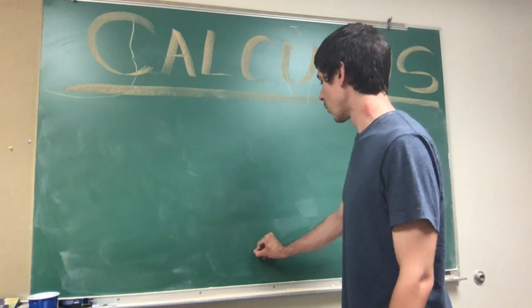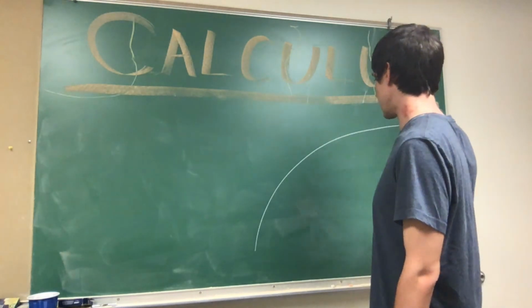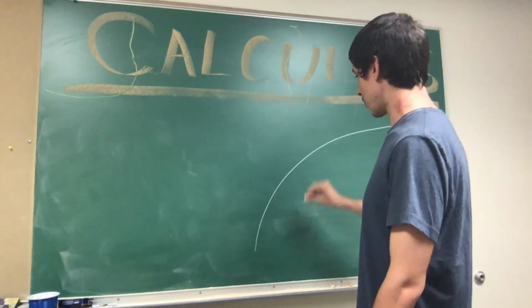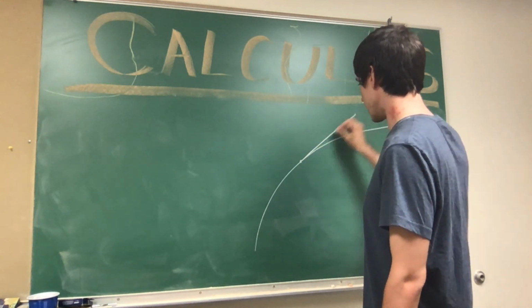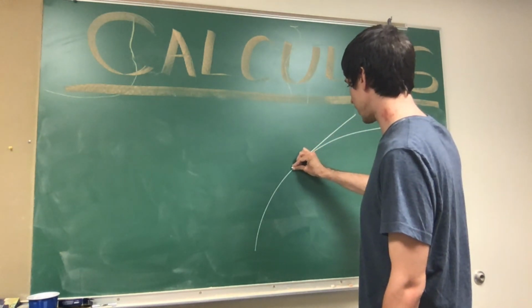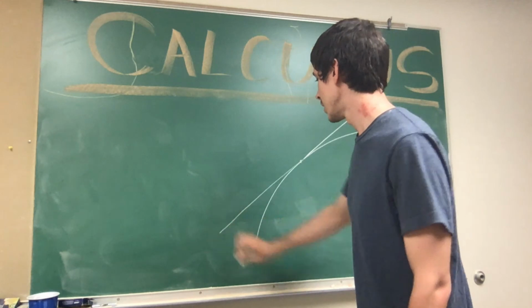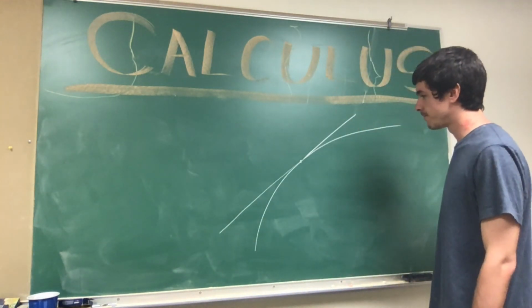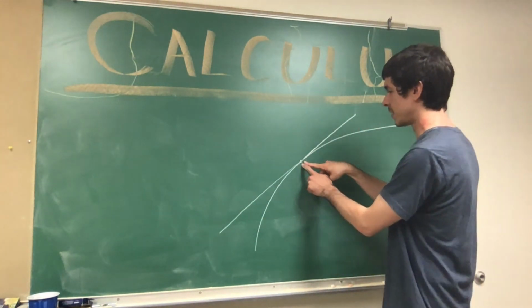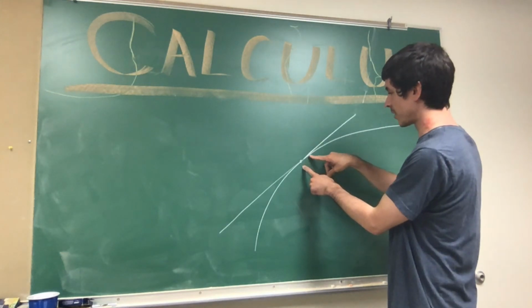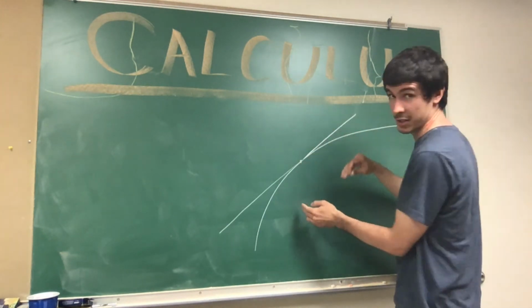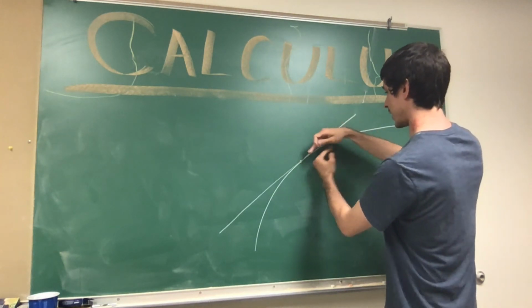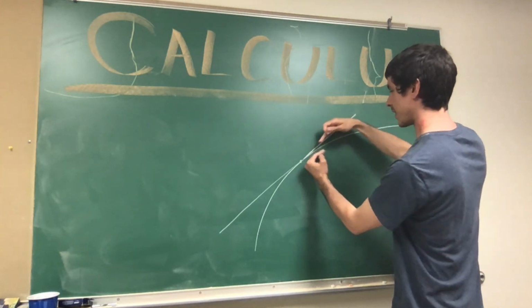I'll draw this picture again tomorrow as well, but what we have been considering today is the tangent line to a graph. And if you think about it, this tangent line pulls away from the graph. In this picture, the graph is pulling down and the tangent line is just going straight.